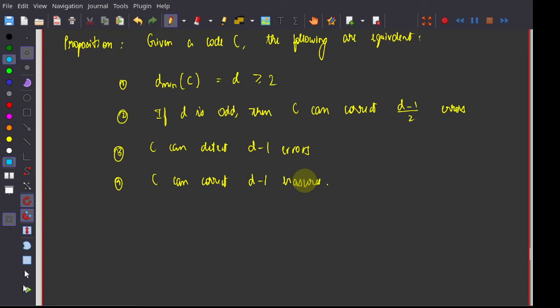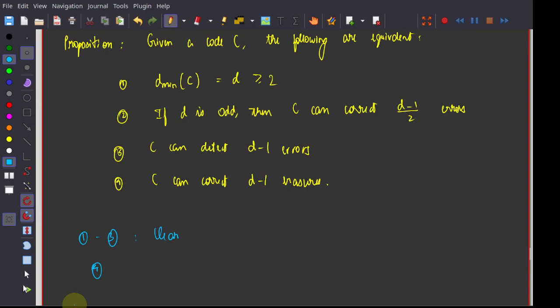Can you tell me why? The first 3 points are hopefully clear. What about point 4? The code can correct d minus 1 erasures.